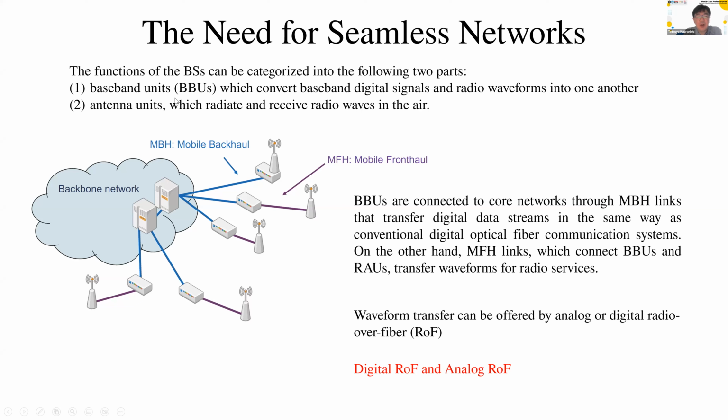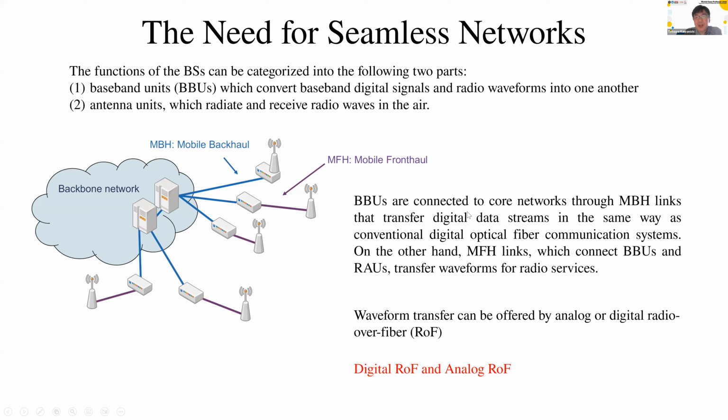The first one is called the baseband unit, BBU, which converts the baseband signal, the digital signal, into a radio waveform. And another one is the antenna unit. The antenna unit emits and receives the radio wave in the air, as you know. So we have to divide the function into two. The box describes the BBU. This one is a remote antenna unit.